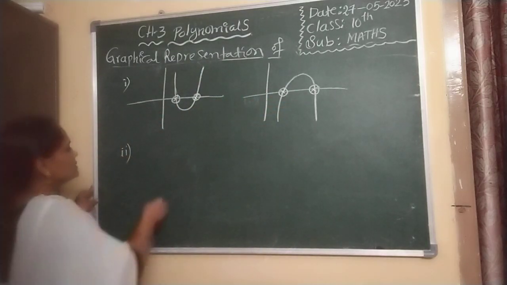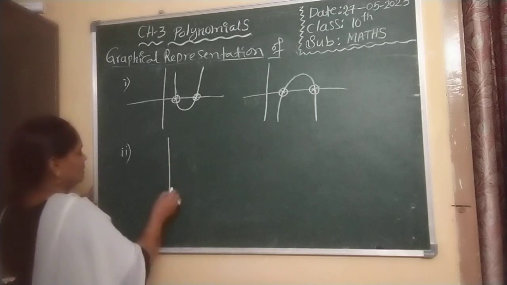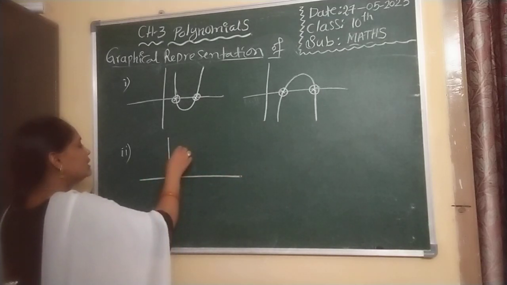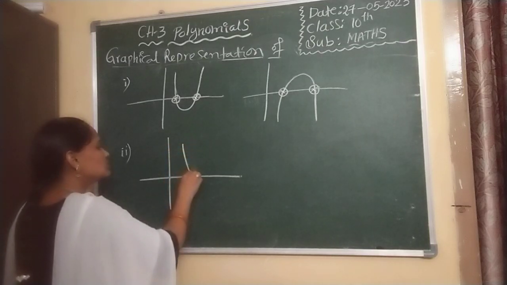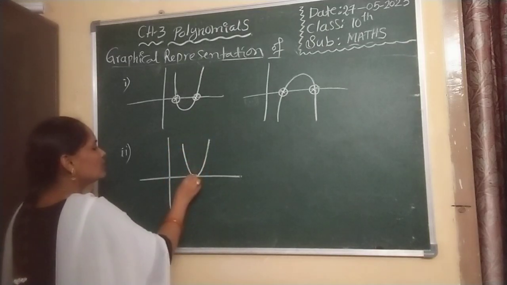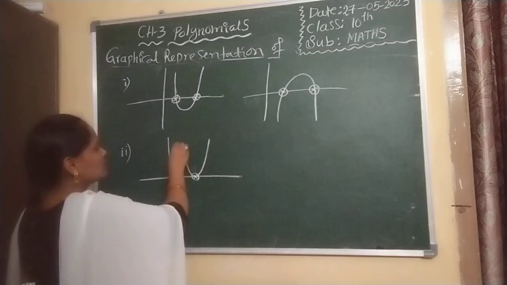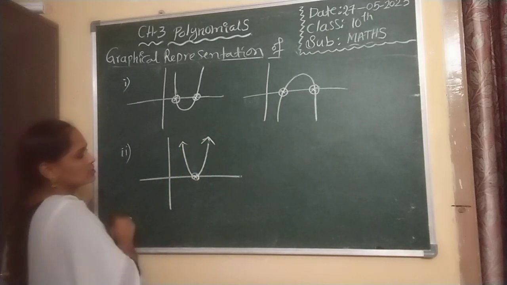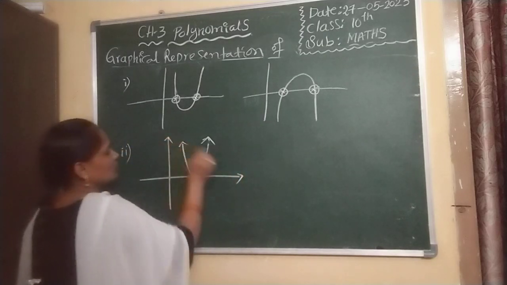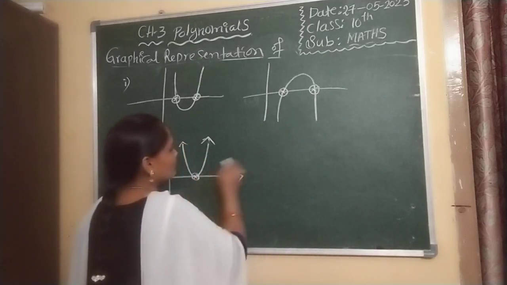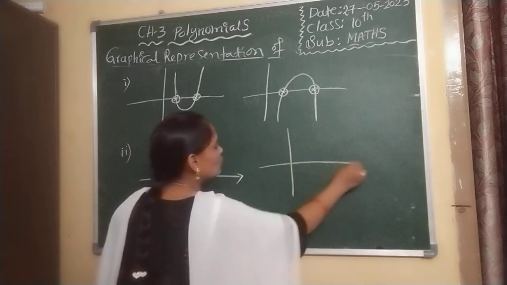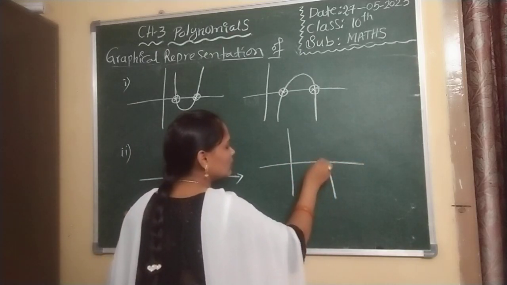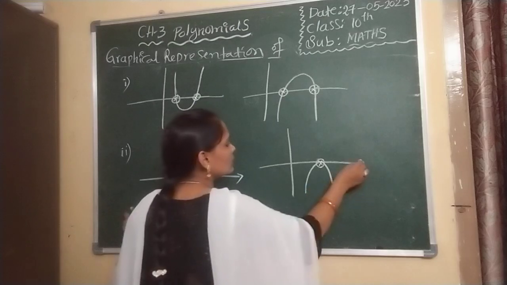Second case: it will intersect at only 1 point. An upward parabola with 1 zero means it is intersecting the x-axis at one point. If you take a downward parabola also, it will intersect the x-axis at just one point.